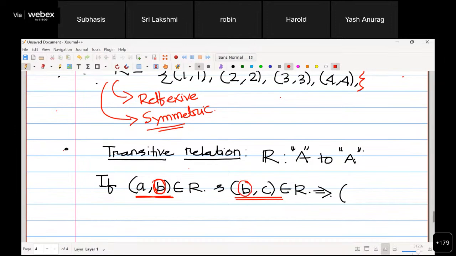So if I have two elements of this form, (A, B) and (B, C), this should imply that (A, C) is in R. That is the condition for a transitive relation.